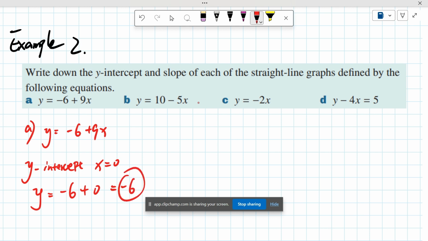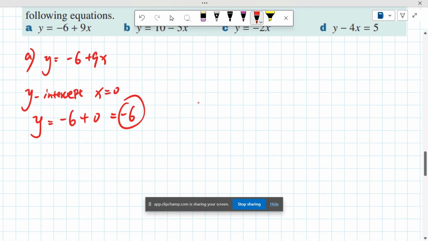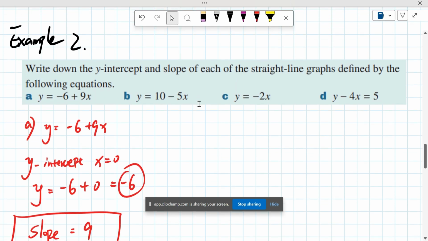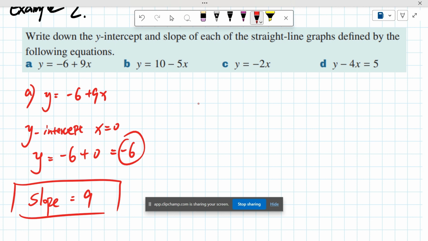And then my slope equals 9. Just remember, the number in front of x is the slope. Now I'm going to do c. y equals negative 2x.